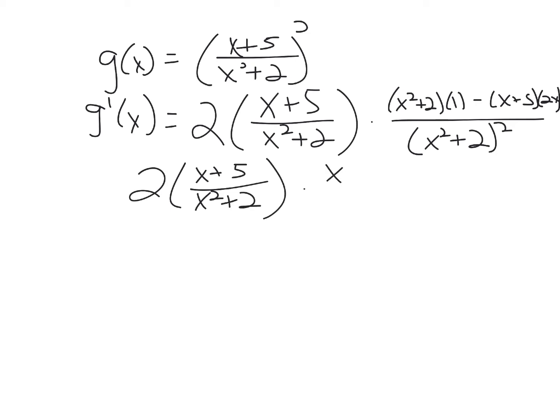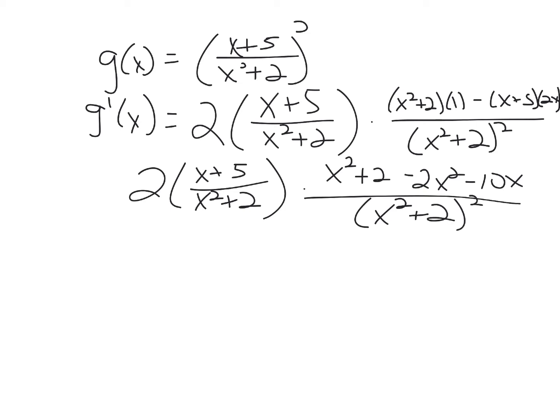And so 1 times anything is itself. And then I'm going to distribute negative the terms on the right side of the numerator here. And it's going to give me negative 2x squared minus 10x over all of this.